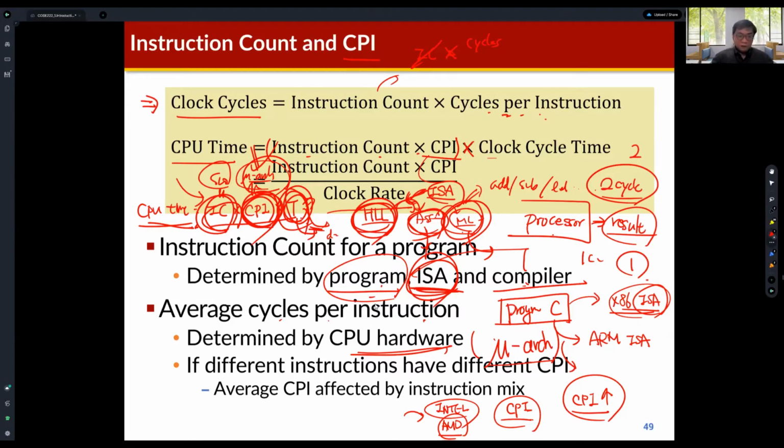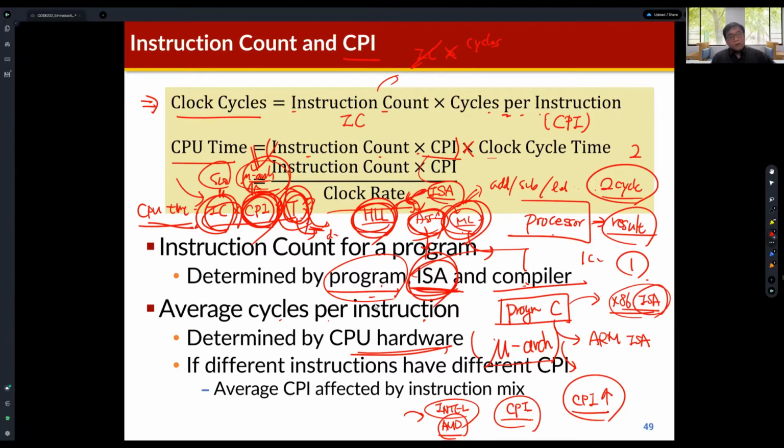If we divide some factors, then we can focus on specific factors that can influence the performance of computer systems. So we can calculate the clock cycles as instruction count multiplied by cycles per instruction, which is CPI. And this instruction count is IC.